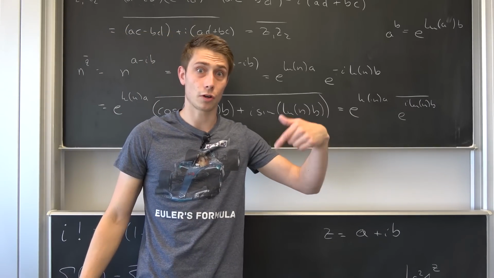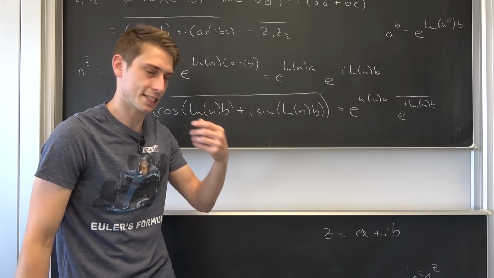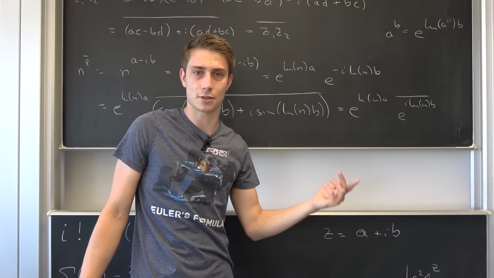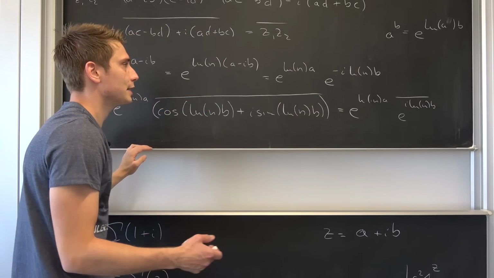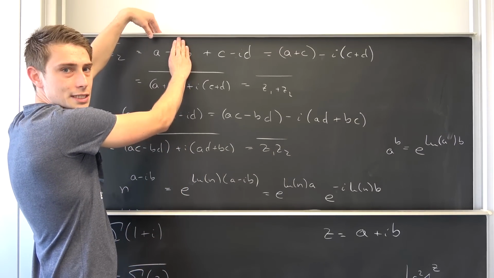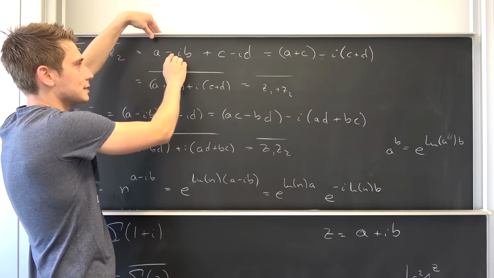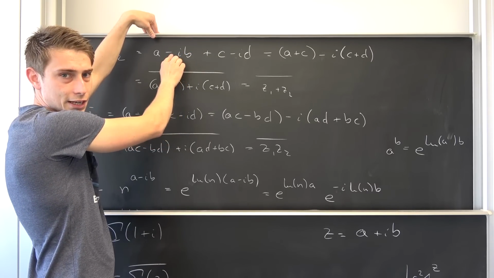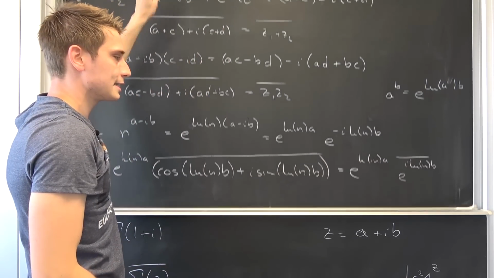e to the natural log of n times a, that's a mouthful to say. It's nothing but a real number, and the complex conjugate of a real number is just the real number itself, because a real number doesn't have this part right here, so you can say that's i times 0, okay? A real number, and it doesn't matter if you have negative 0 or positive 0, that's the same.